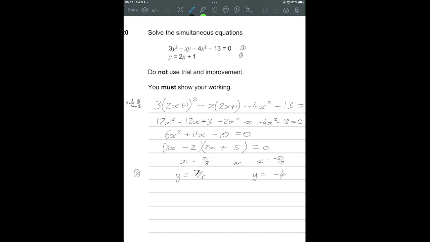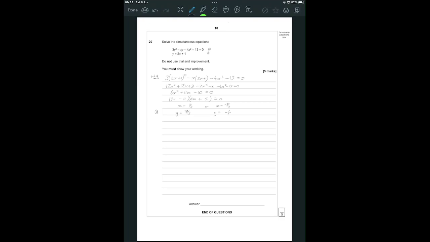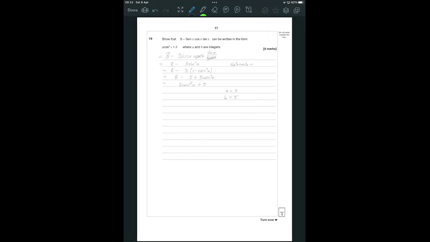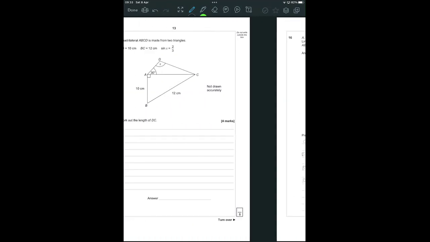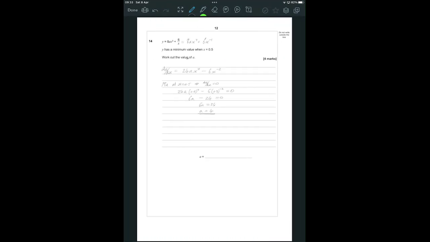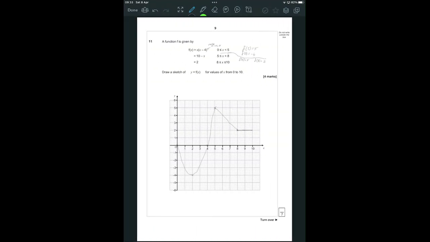So something to do at the end very carefully once you've completed the rest of the paper. 5 marks there for some very clean algebra. And that was the entirety of this practice set. Please do let me know if you have any questions from this, and enjoy the rest of your day.